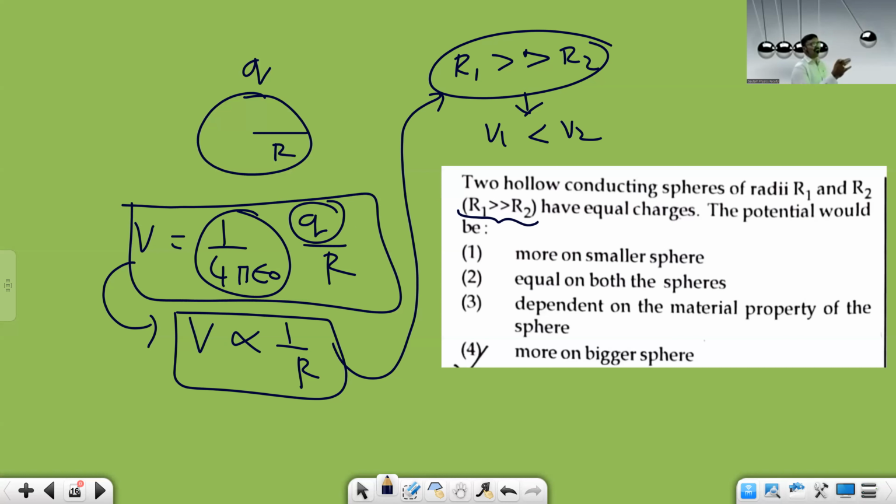So with equal charge, there is more potential on the smaller sphere. Radius and potential have an inverse relation. The small sphere will have more potential, the big sphere will have less potential. So my answer is the first option here. I hope you guys are clear.